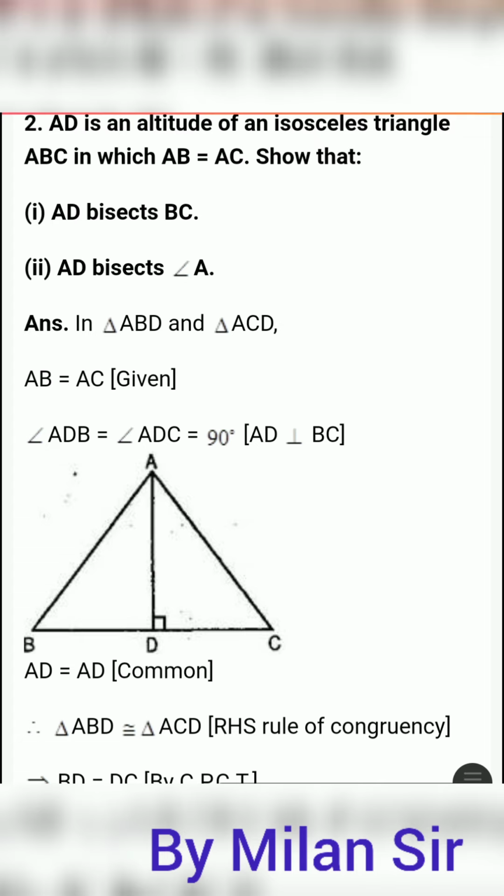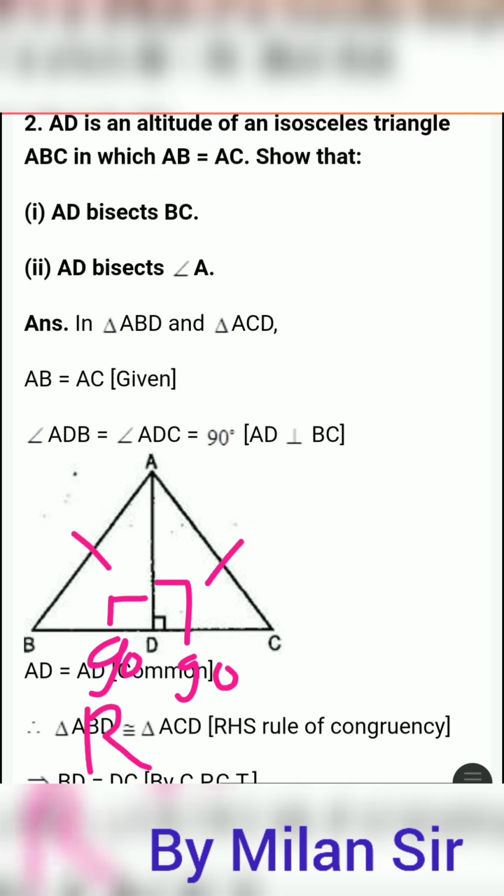Here in both the triangles one angle is 90 degree, so R. Now AB is equal to AC, isosceles triangle. AB and AC both are hypotenuse H, and AD is the common side, it is side S. So by using RHS criteria, we can say that triangle ABD is congruent to triangle ACD.